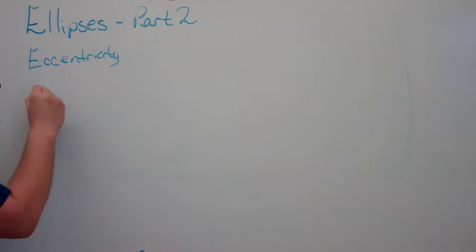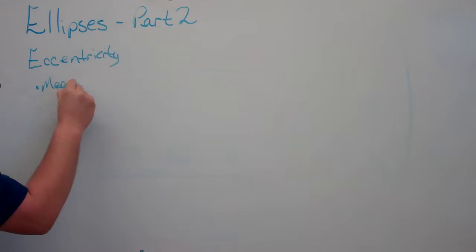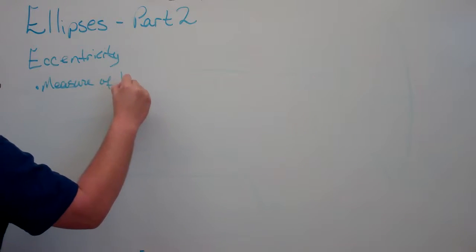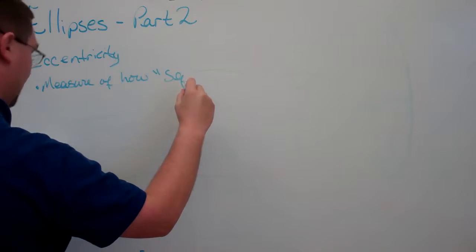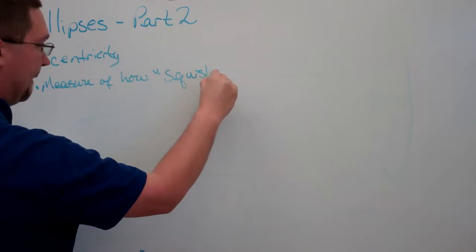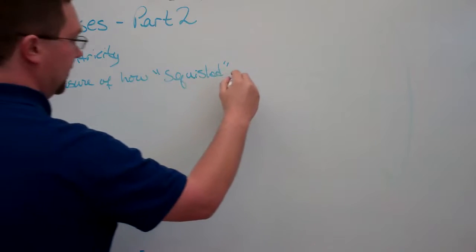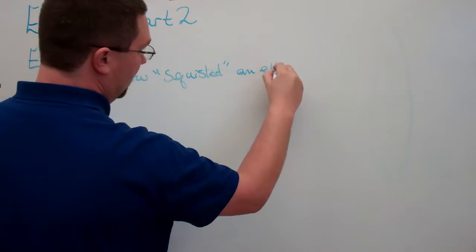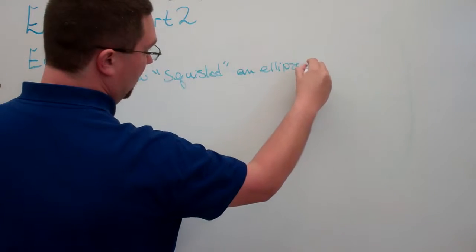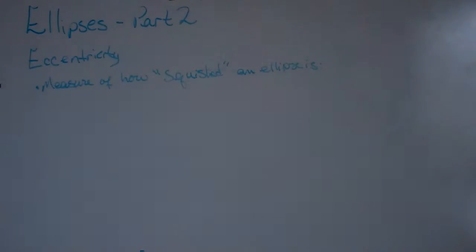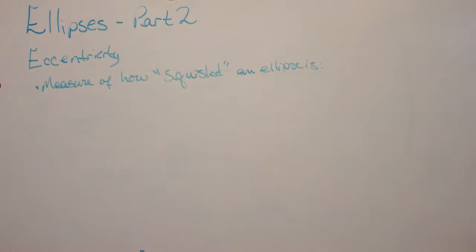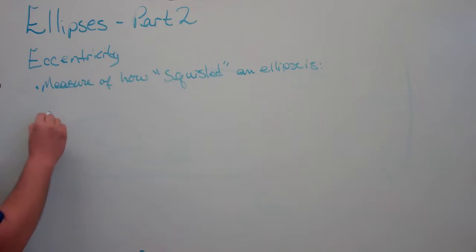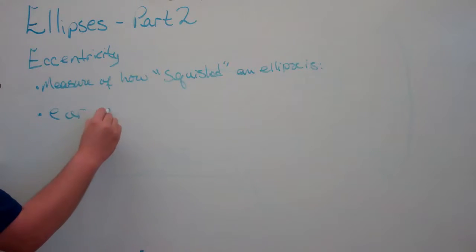It's the measure of how squished an ellipse is. You're either going to see it abbreviated E or ECC.